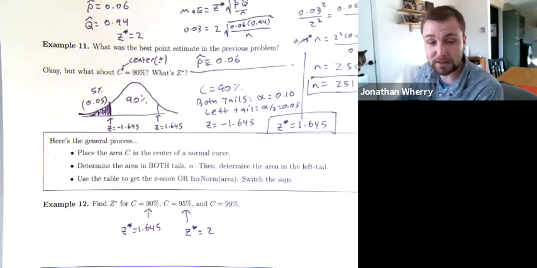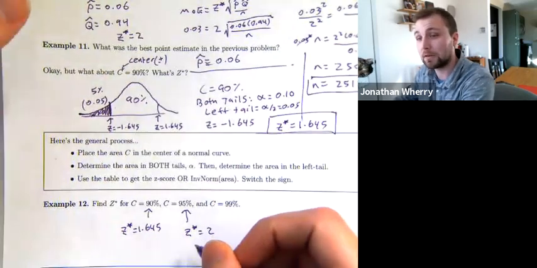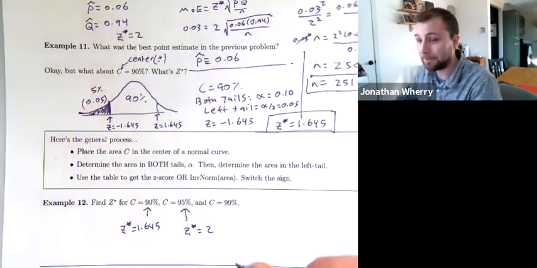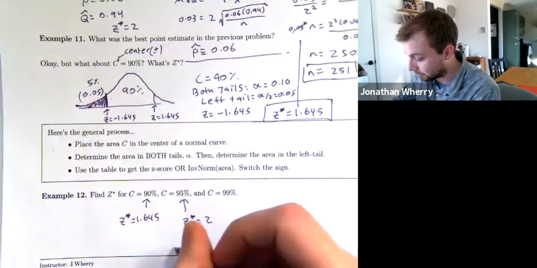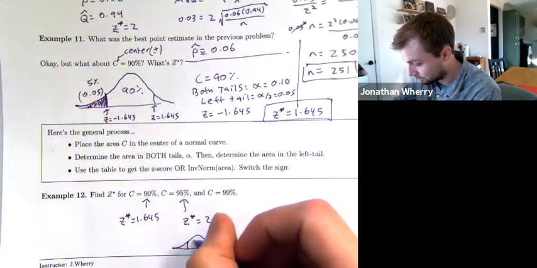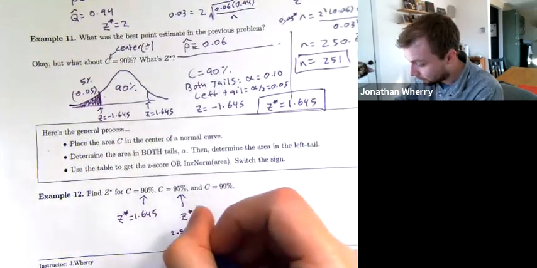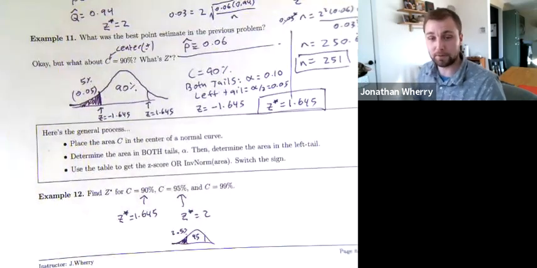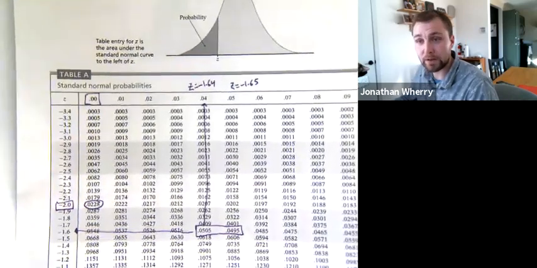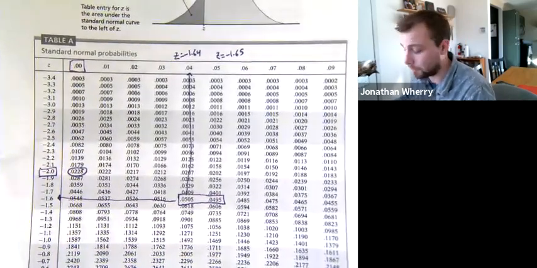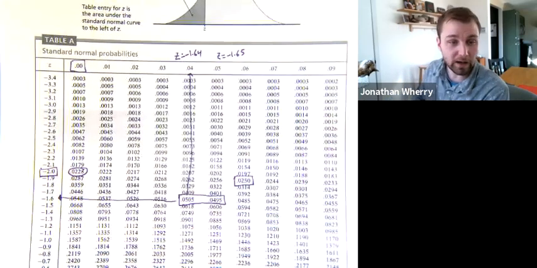I would ask you to go through these steps, but if you wanted to be 95% sure, that's about 2 standard deviations, or if you use the table to be a little bit more accurate, let's think through this process together. I have 95 in the center, which leaves me with 2.5% for this little tail to the left. I'm going to go inside of my table and find 0.025 and see how close I can get. 0.025 happens here.